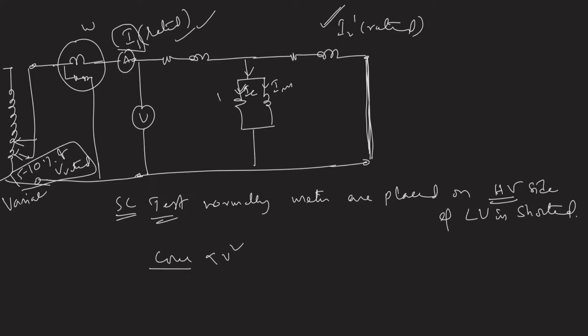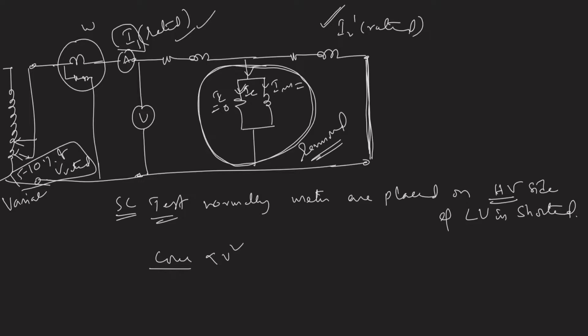So this component, IC component, will go to a very small value, and also the IM component, the magnetizing current component, goes down. So entirely under short circuit condition, this limb can be neglected or removed, right?